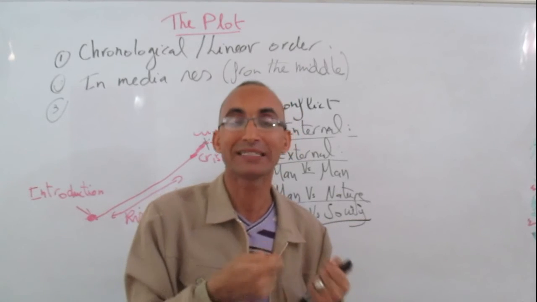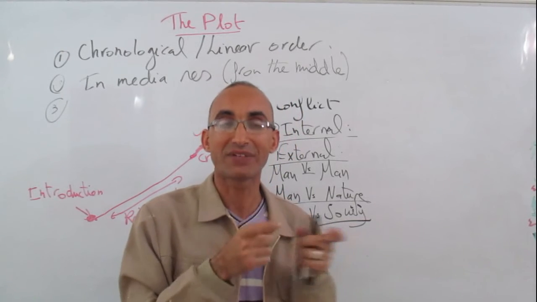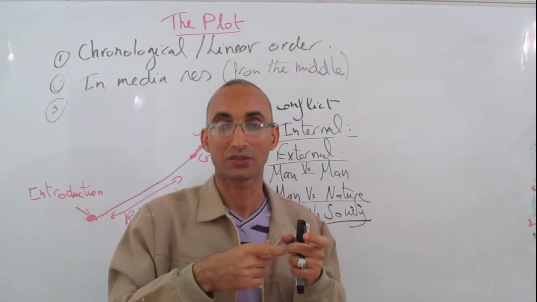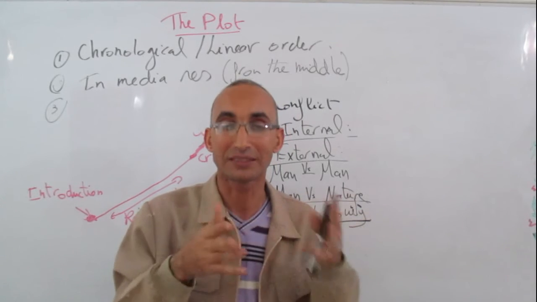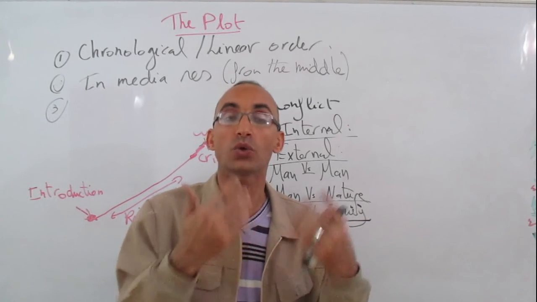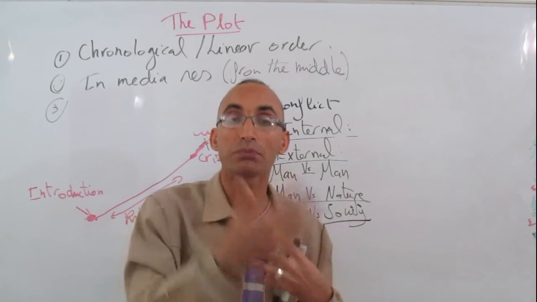Fragmented plot means here the different events of the past, the present, and the future are presented in disorder, are jumbled. Why?